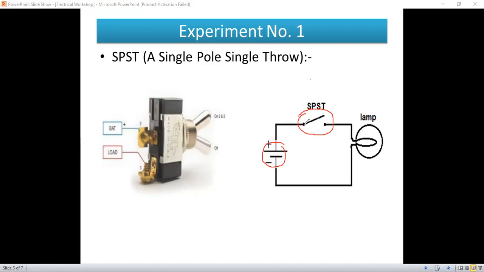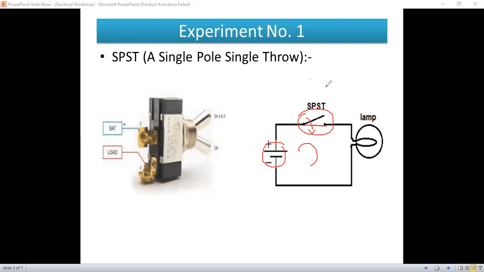Now when we throw this switch, the circuit becomes closed, or complete, a closed path, and current starts flowing through the lamp and the lamp will glow. So this is a simple single pole single throw: once thrown, it will connect a single circuit.